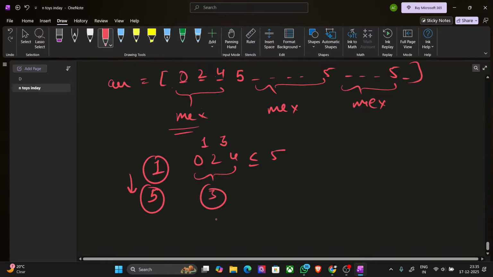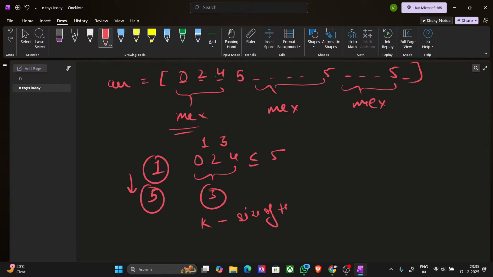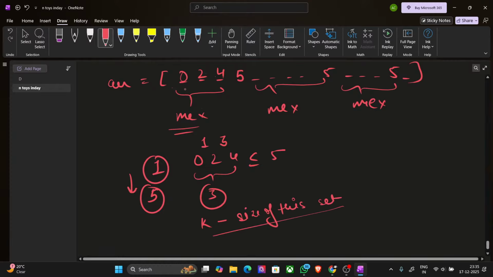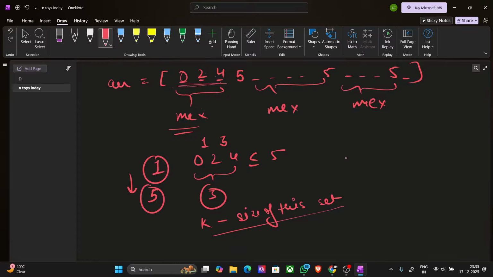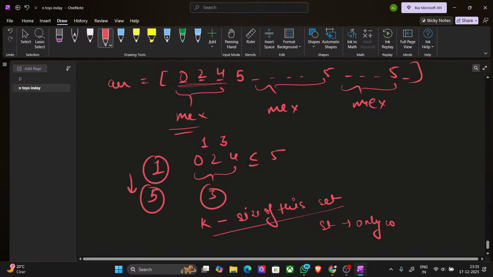So the answer will be just k minus the size of this set, where the set only contains elements less than k.